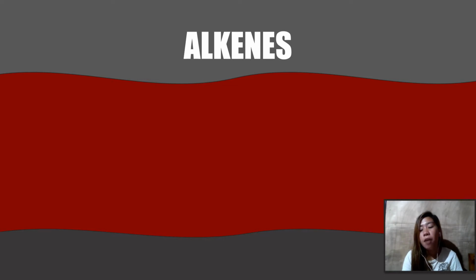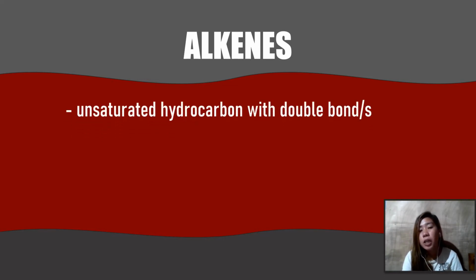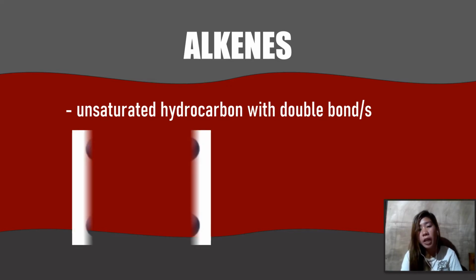Next, we have alkenes. As we all know, alkenes are unsaturated hydrocarbons with at least one double bond or multiple double bonds. We are very familiar with this term since it is very common in organic chemistry.